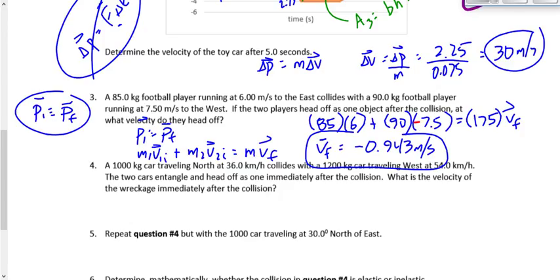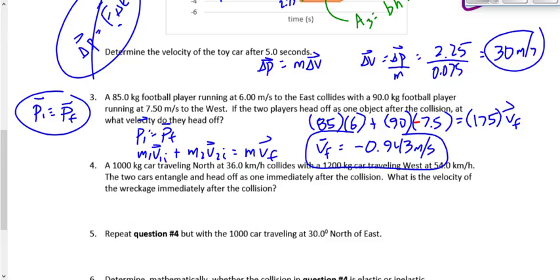Now, what's the difference between that question where we have two football players colliding east and west, versus the next question where we have two cars colliding, one's going west, one's going to the north? Yeah? That's when you have to do the triangle. That's when you got to draw, we call it a situational diagram just to describe what's going on, and then we've got to resolve the vectors here. The good news is it's not all that hard in question number 4 because we're already at right angles.